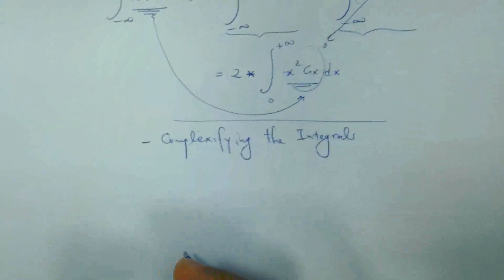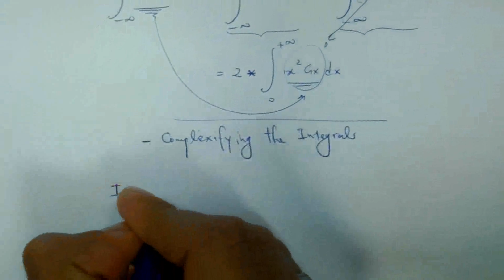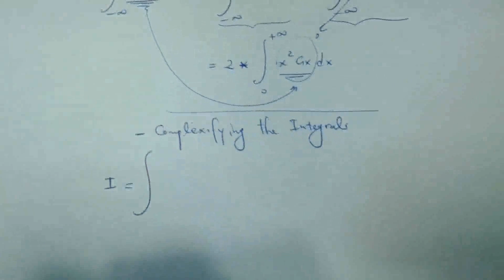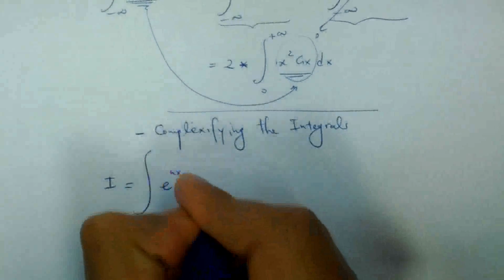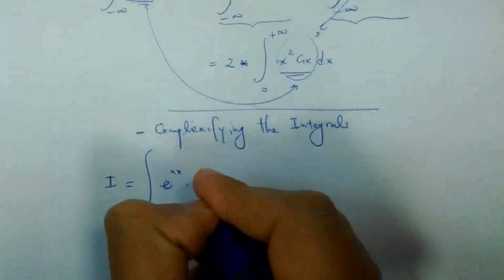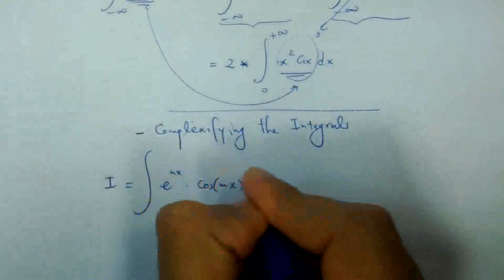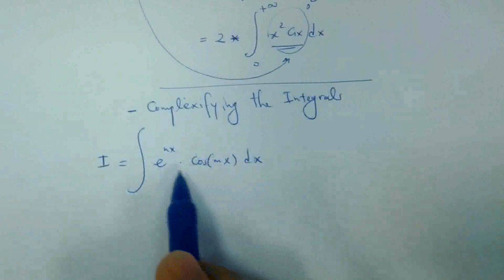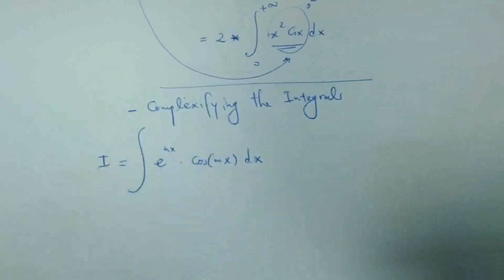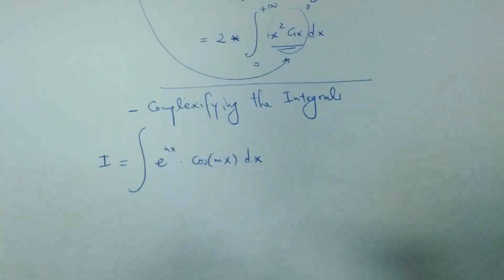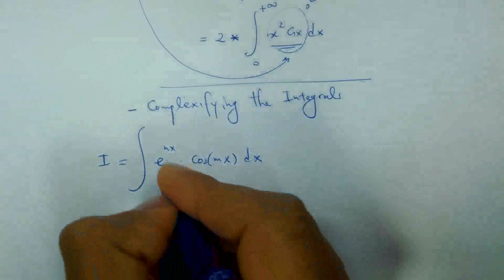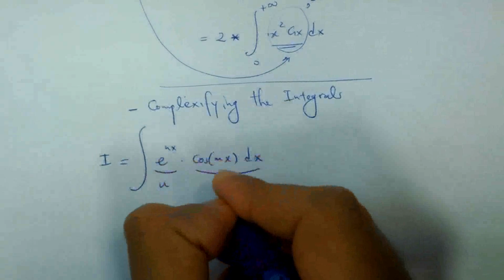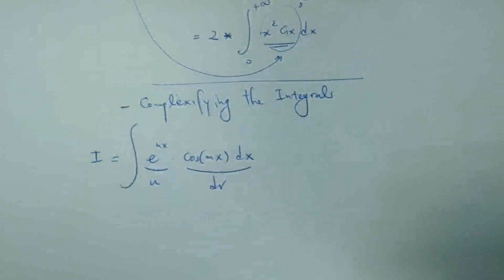So I'll consider an integral I equal to the integral of e to nx times cosine of mx dx. Normally we use the technique of integration by parts. So I suppose that this function is u, and this is dv.